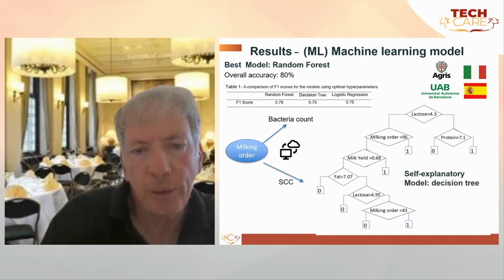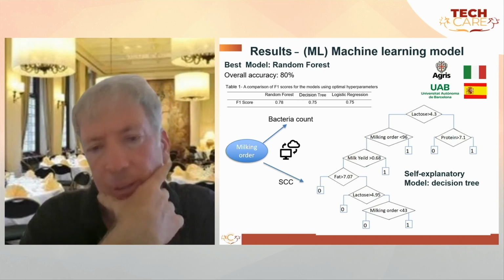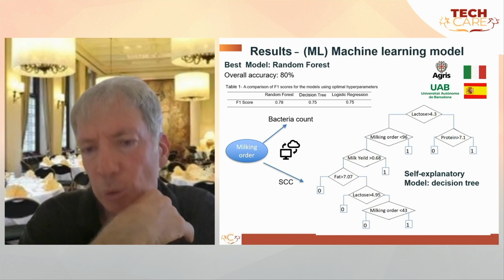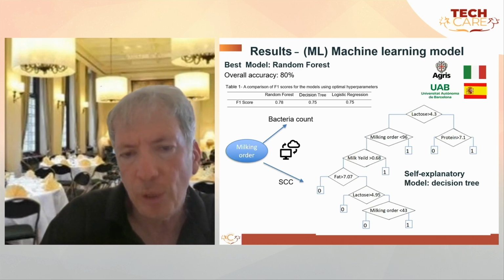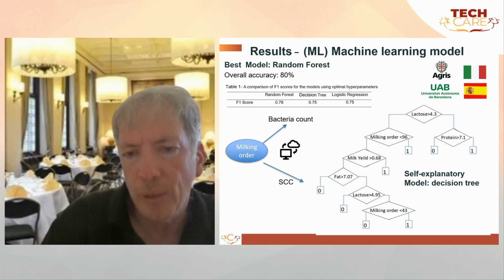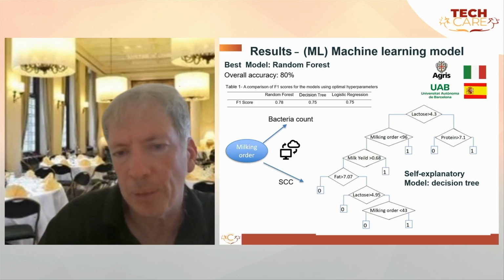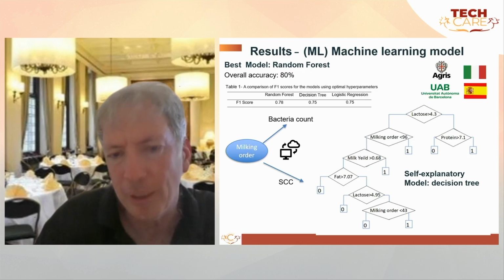The most accurate one is the random forest, and the most visible one, which well demonstrates the issue of threshold, is the decision tree model. There are quite a few more, but we can concentrate on this. What we talked about yesterday regarding the threshold, you can see it here. So if the lactose is above 4.3, milking order below 96, milk yield, protein, etc.